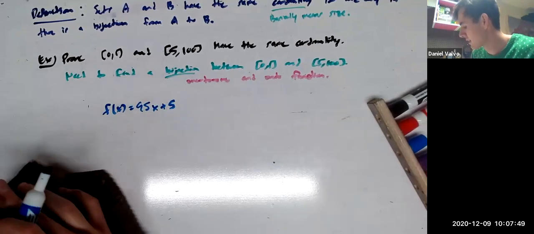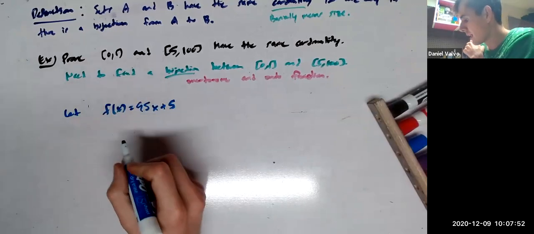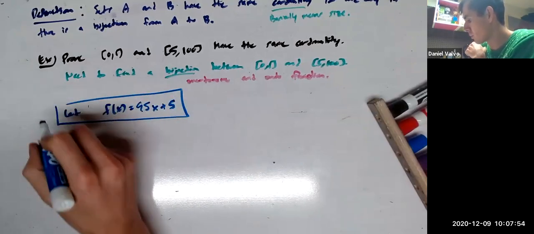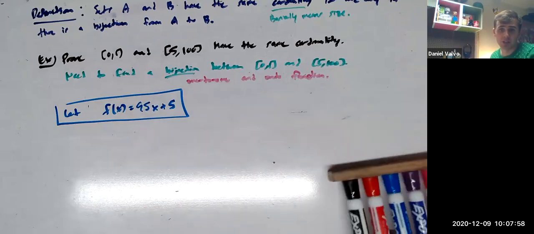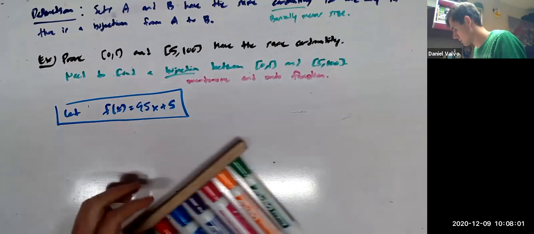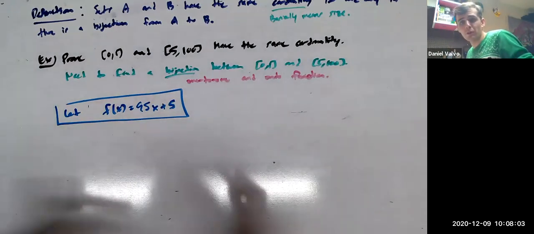So let's let f of x equal 95x plus 5. And now let's try to prove it's actually a bijection. To be a bijection, we need to prove the following things.